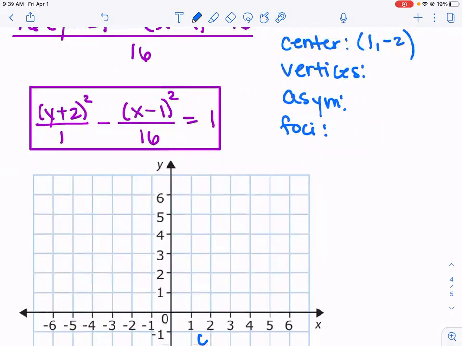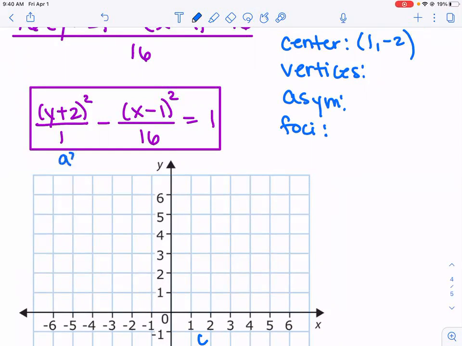Bella, is this a vertical or horizontal hyperbola? Why? Okay, the x is negative, the y is positive, so we have a vertical hyperbola.